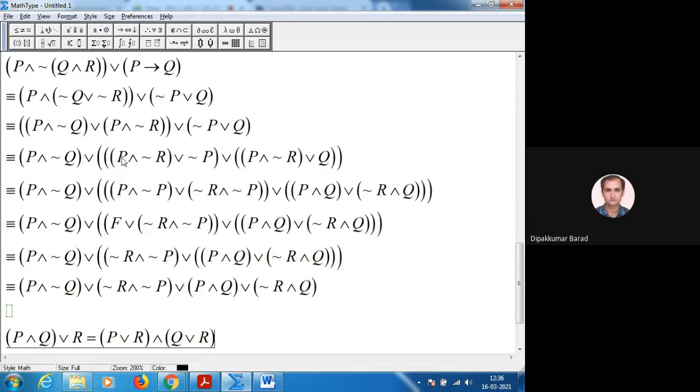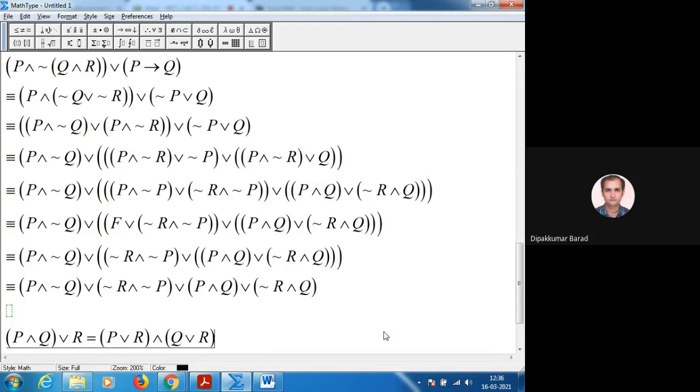I can write it in this manner also: P or not P, and not R or not P. If I write it the other way, I have P and not R, or not P. So in both ways you can distribute AND over OR.